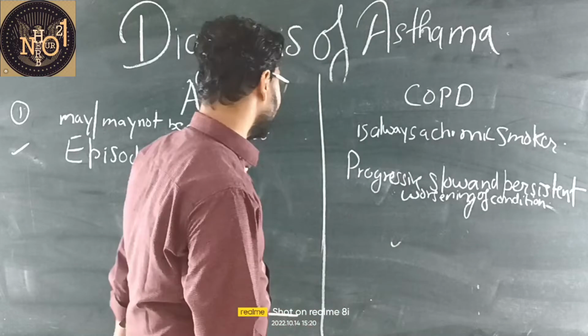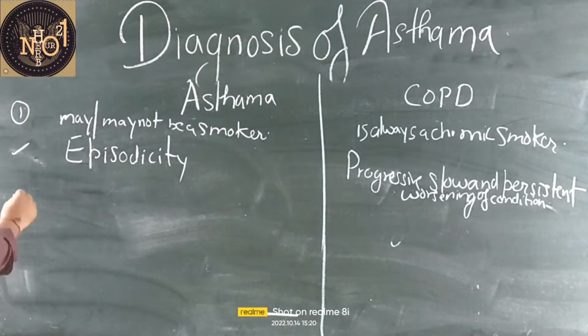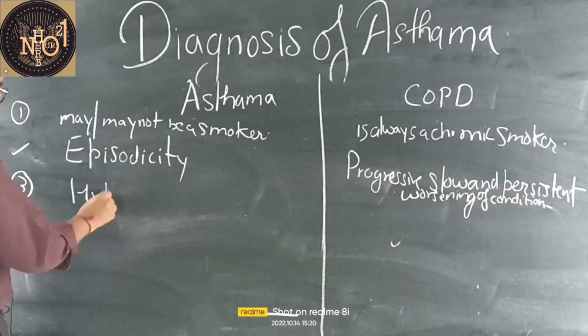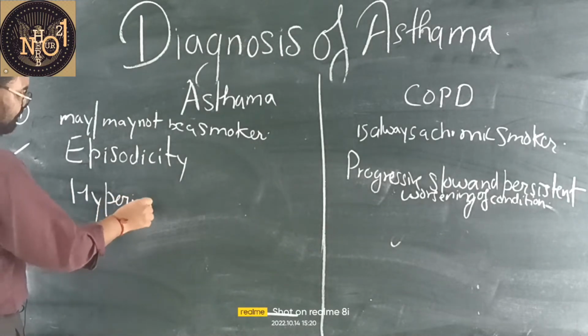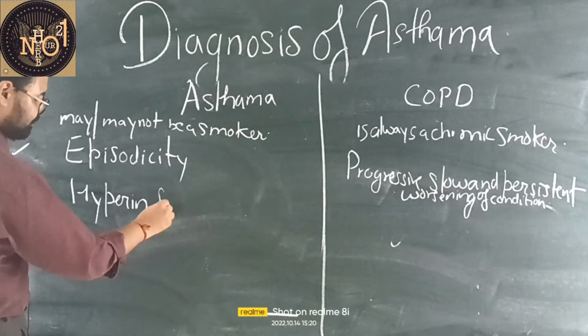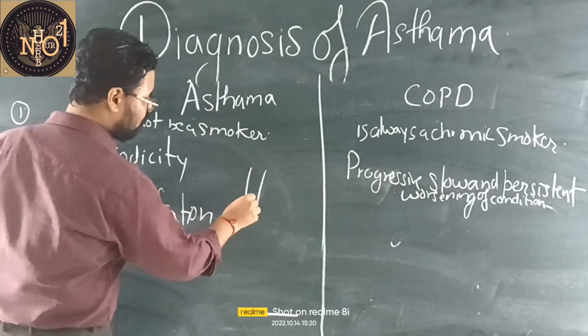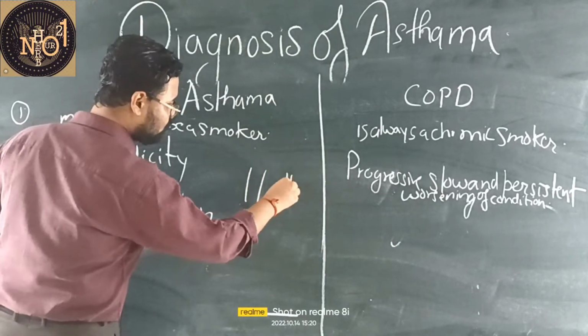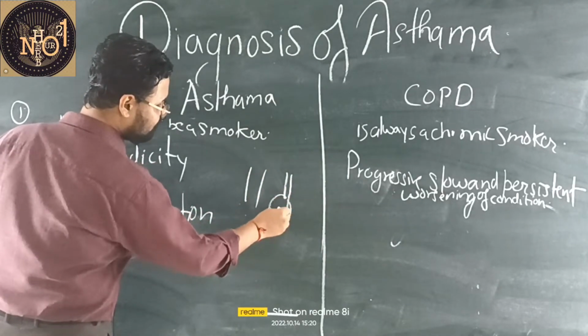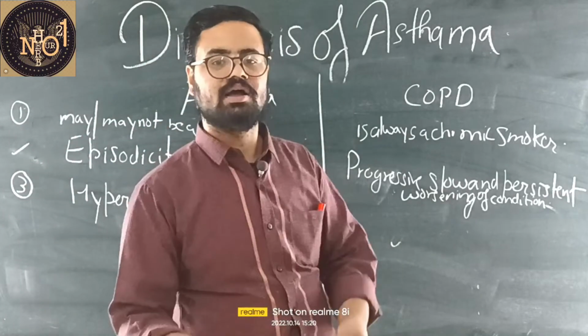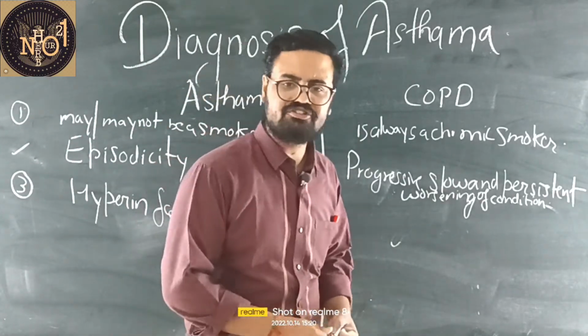Okay, now third difference, hyperinflation will occur definitely because air trapping is occurring here also. Why air trapping? Suppose this is your bronchi and this bronchi got bronchoconstricted, so the air will trap, and due to that air trapping, hyperinflation will occur in asthmatic condition also.